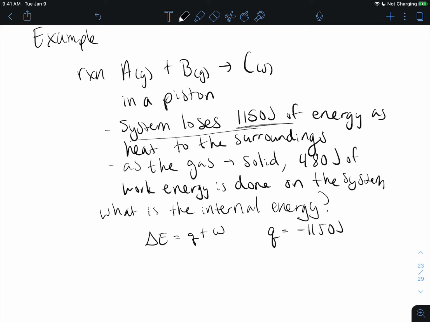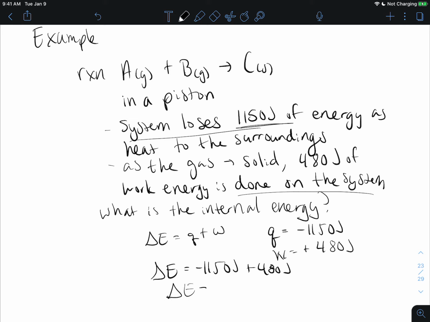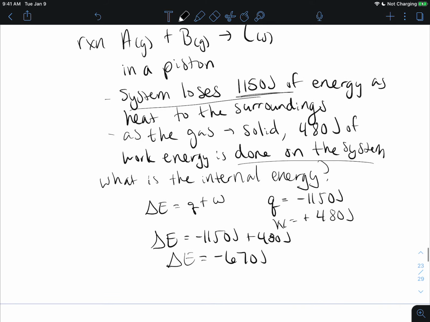And then work is done on the system, so that's going to be positive. So work is positive 480 joules. Now we just put it into our equation. Delta E is equal to negative 1150 joules plus 480 joules. This gives us a delta E equal to negative 670 joules, which results in an exergonic process, and exothermic because of that negative heat.